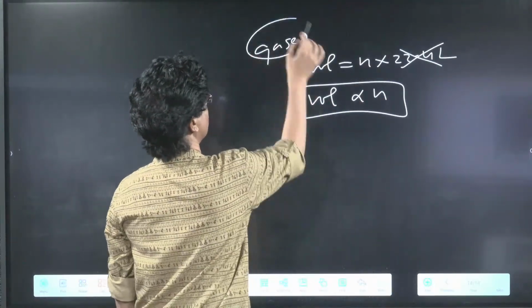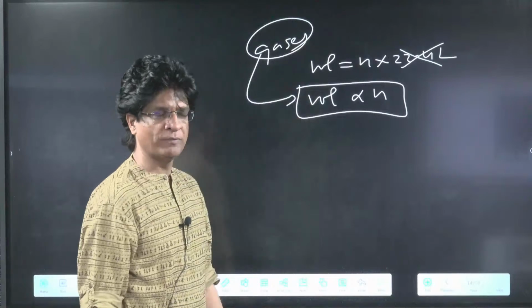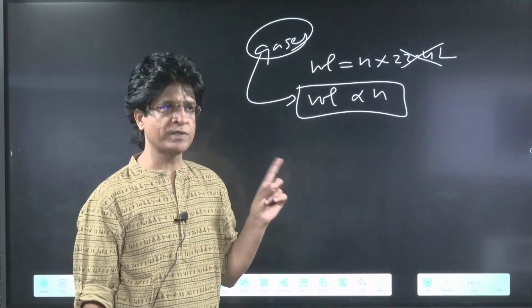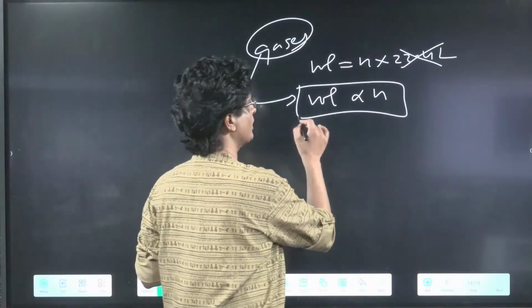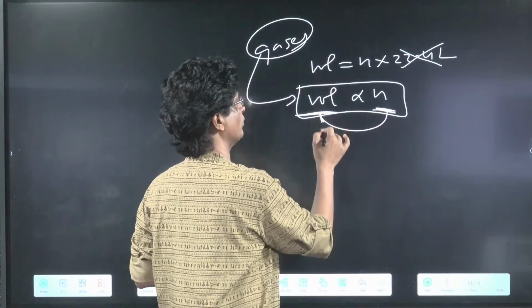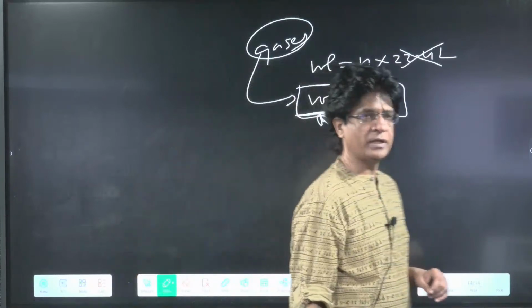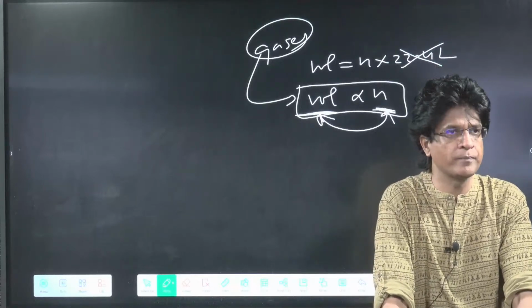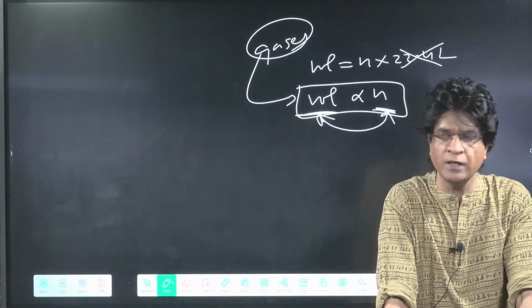For gases, number of moles is proportional to volume of the gas. So, what is the significance of this thing? The significance of this thing is actually that you can treat your volume as moles and moles as volume. Are you getting it? That ratio of volume and mole will be same. Mole ratio will also be the volume ratio.